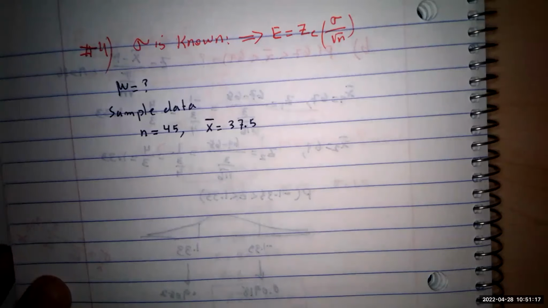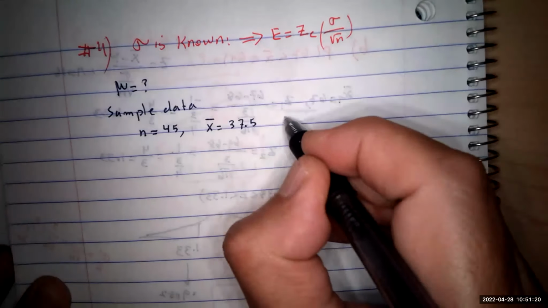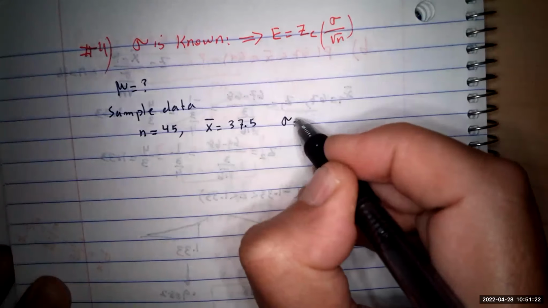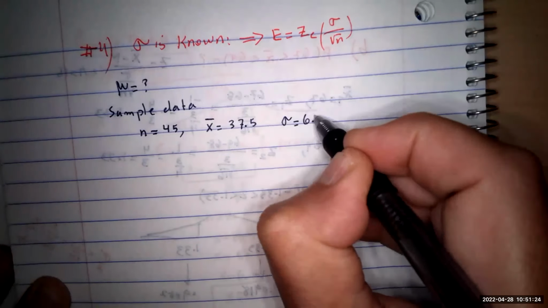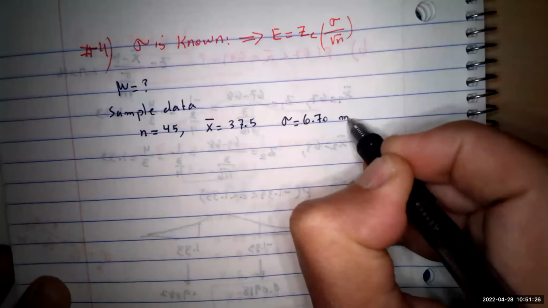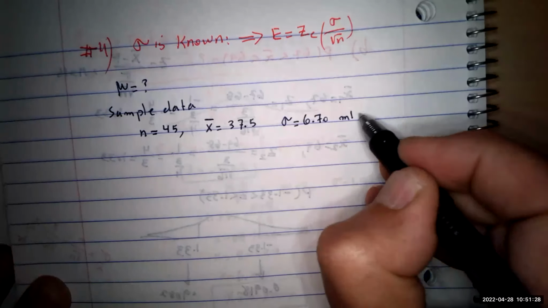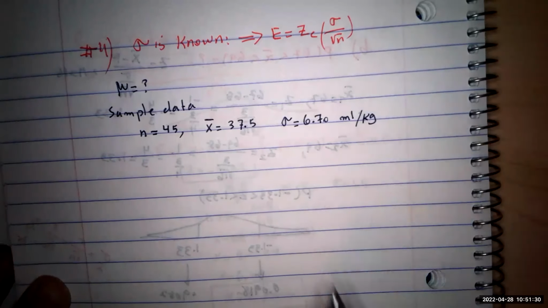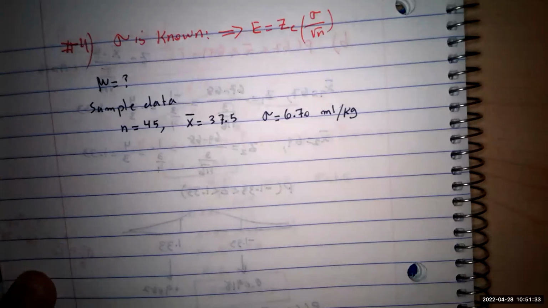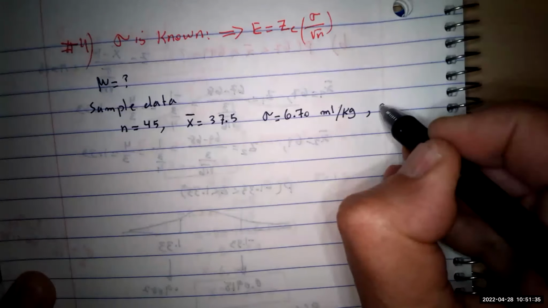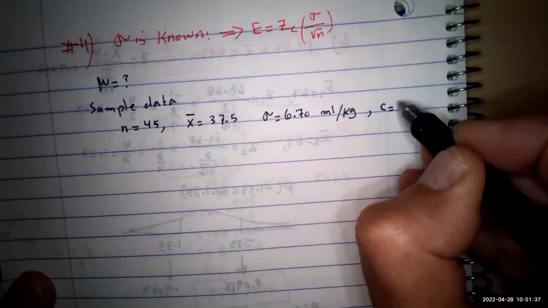And the standard deviation is given: the standard deviation is 6.70. This is milliliter per kilogram, that's the unit. So you want to do it with the confidence level of 99%.